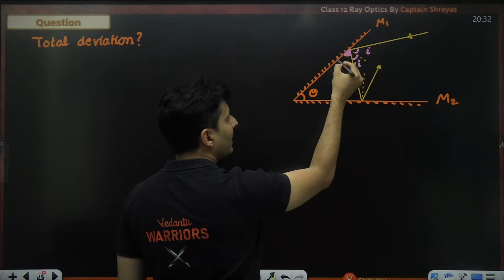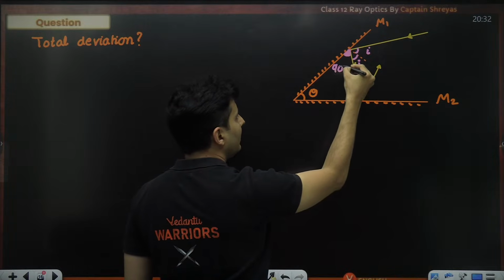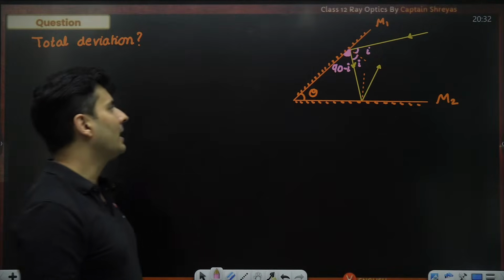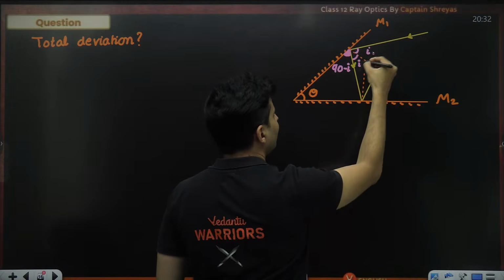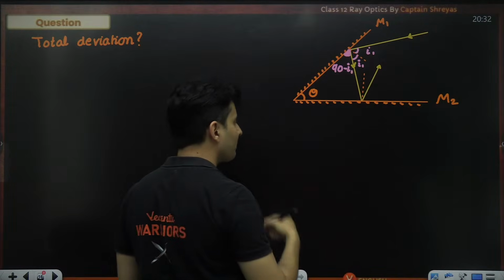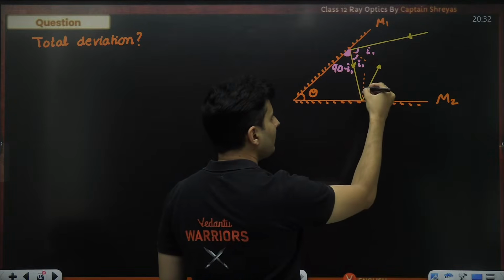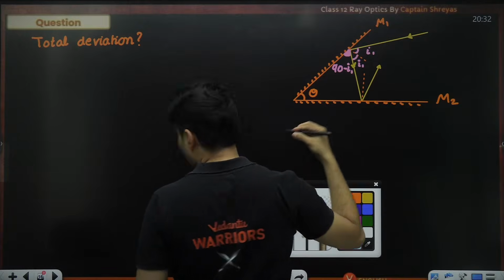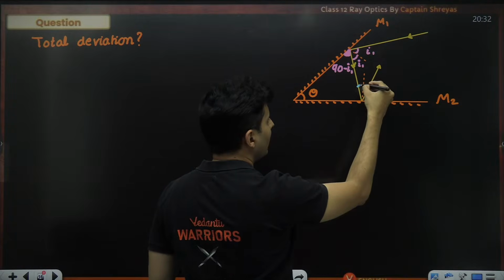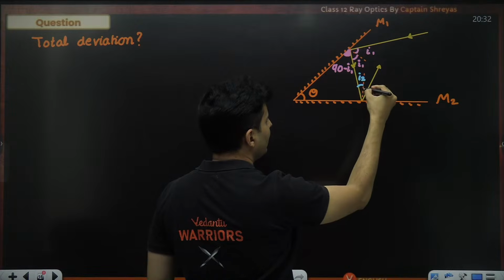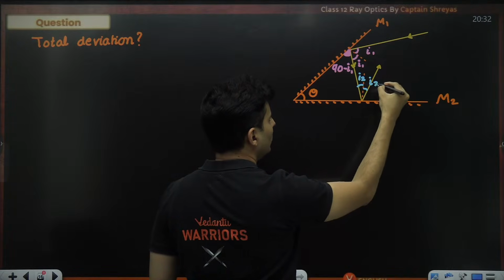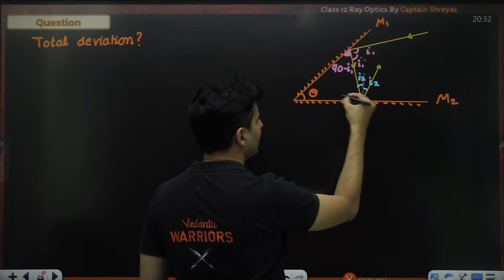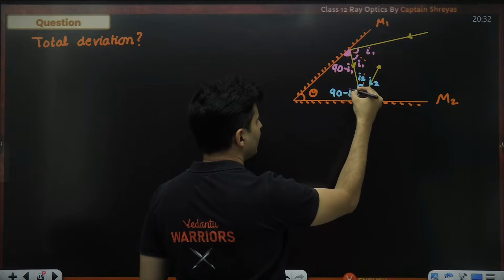Because this is 90, this is I, obviously this will be 90 minus I. If I call this I1, this will also be I1 and this will also be I1. Same way, if I mark this particular angle over here as I2, even this angle will be I2, and then this particular angle right over here will be 90 minus I2.